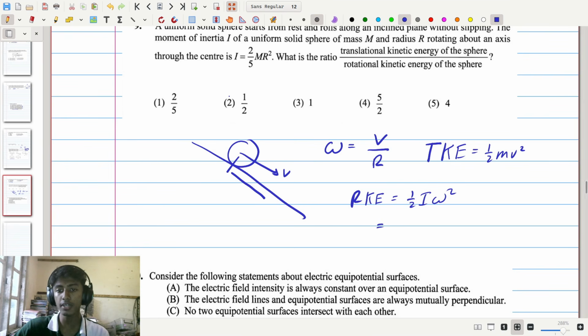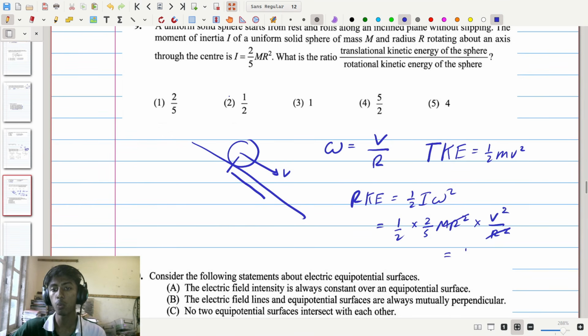Into here, we have to substitute the value of I, which is equal to 2/5 mr squared, times omega squared, which is v over r whole thing squared, or v squared over r squared. And we can see these two will cancel, leaving us with 1/5 mv squared.